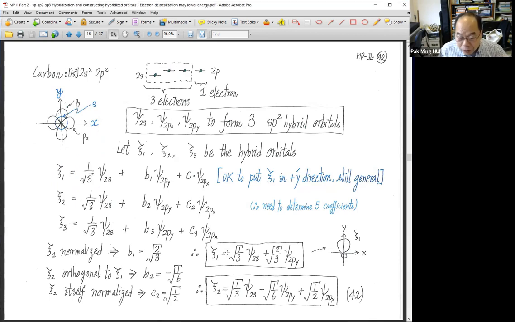Now I would like to explore one physical property. The question is, what is the physical angle, I mean in view space, between this C1 and C2 sp2 hybridized states?